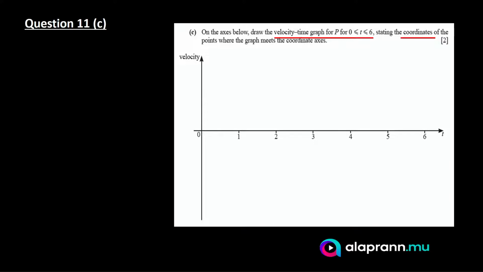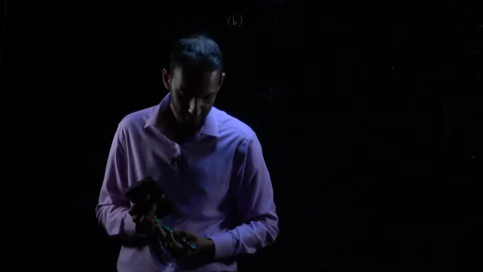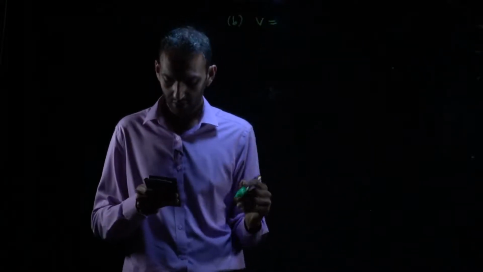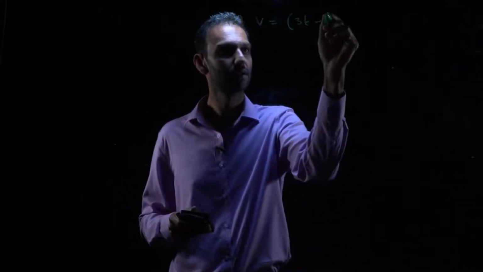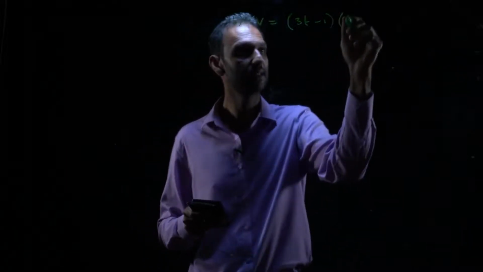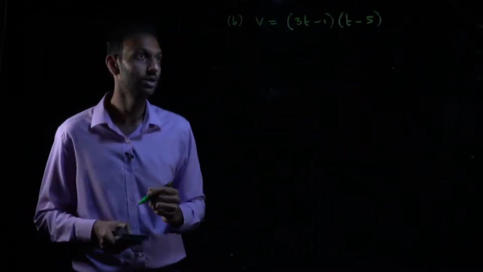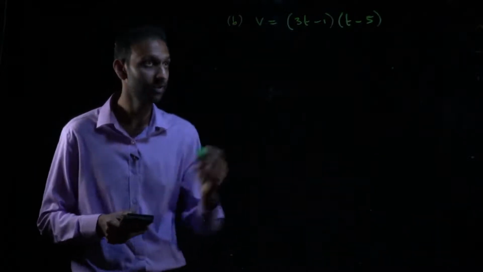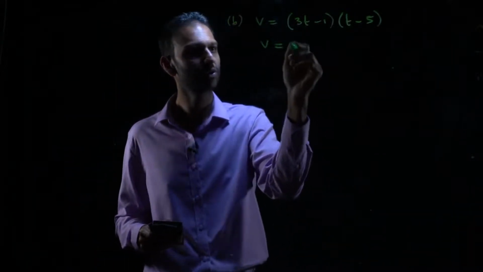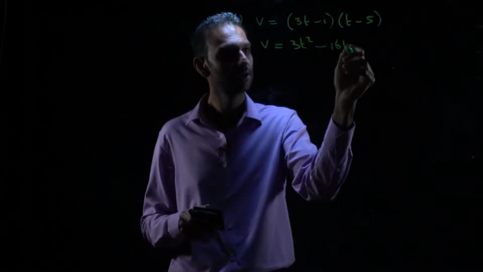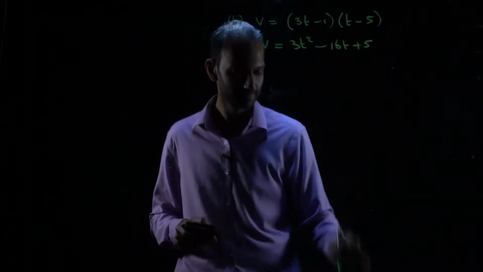So let's remember that for this time, we have v which is equal to 3t minus 1 times t minus 5. Don't forget that v is equal to 3t minus 1 and t minus 5, and we said it's also equal to 3t squared minus 16t plus 5.